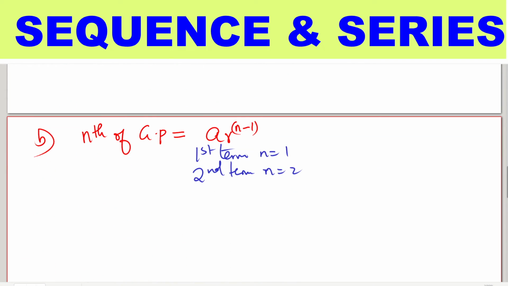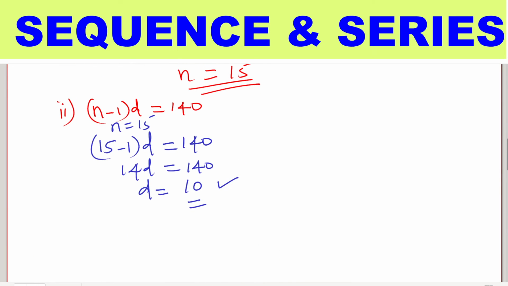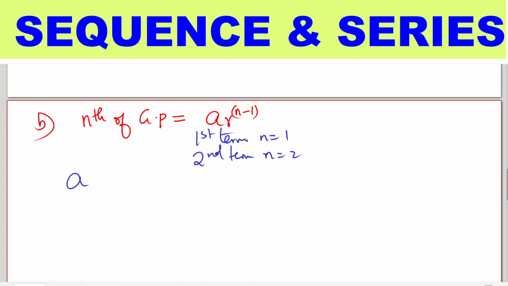The first term will be given by a. If you substitute n with 1, you will get the first term as a. Then the second term, we simply substitute n is equal to 2. It will be ar raised to power 1.